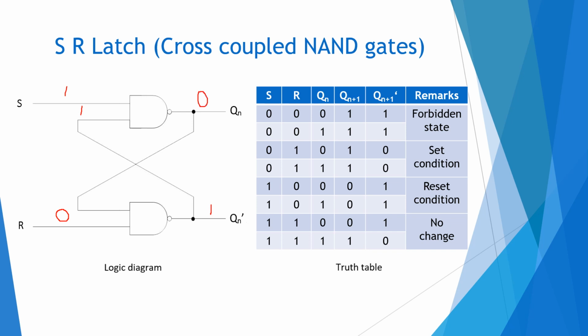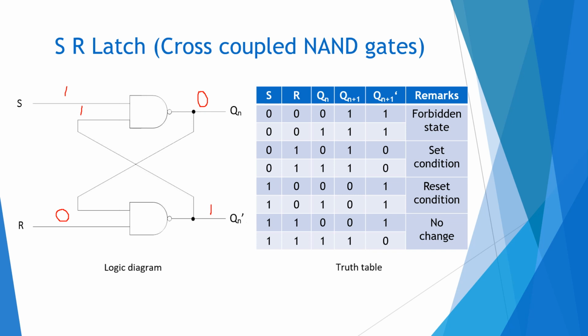So this is the reset condition of the NAND latch. R equal to 0 becomes reset, that is QN equal to 0. QN plus 1, the next state of QN, is 0. So this is a reset condition.